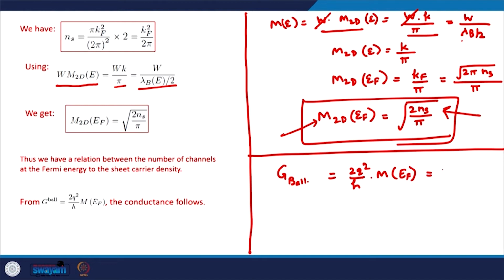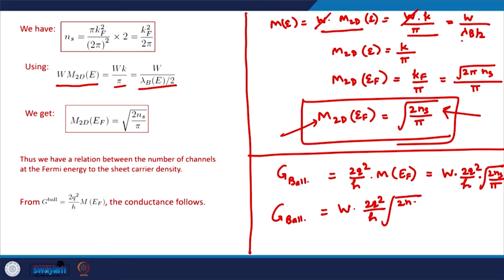So, it becomes W times 2q square by h times square root of 2 ns by pi. So, this is finally the ballistic conductance of a 2D conductor, with the square root of 2 ns by pi.